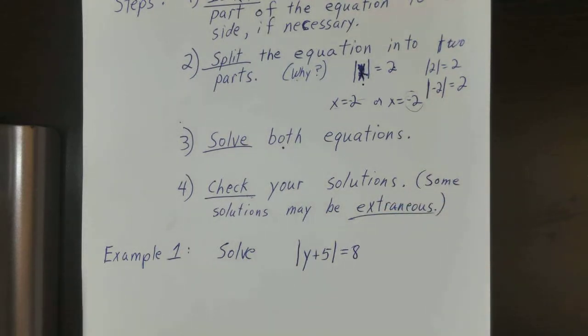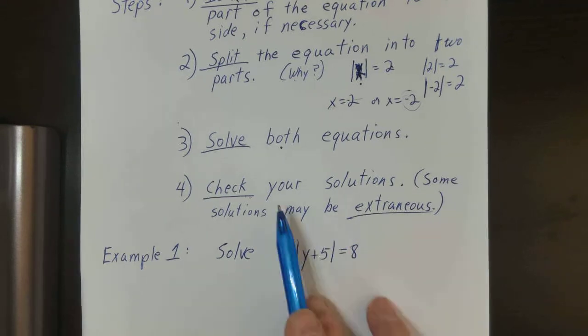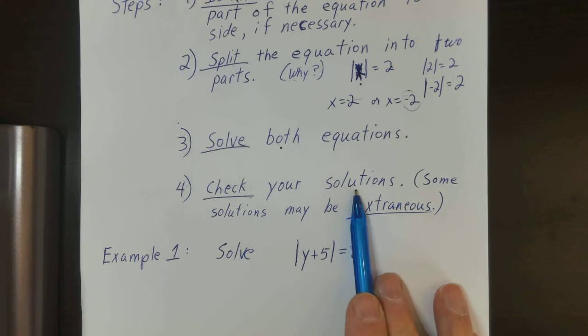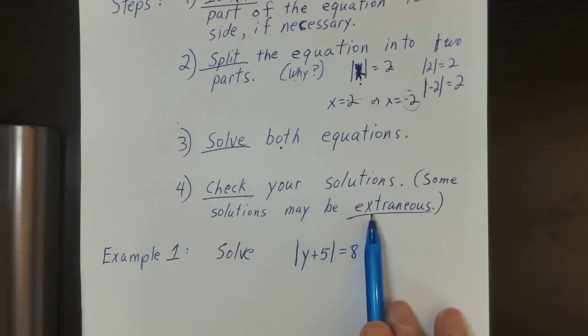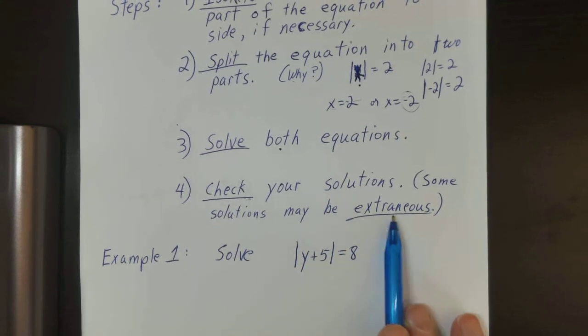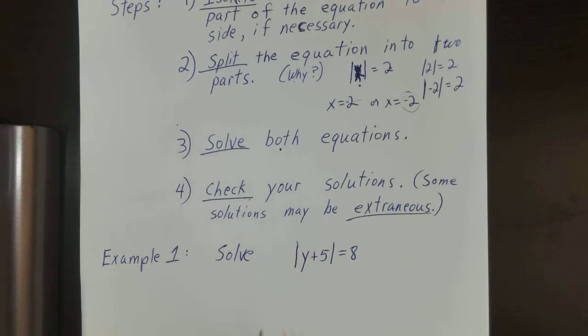Something happened in the absolute value part that would make it not work. So check your solutions, keep the ones that check out, and discard the ones that do not, or call them extraneous.